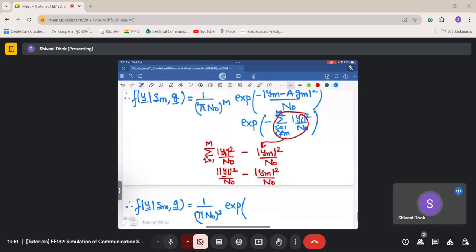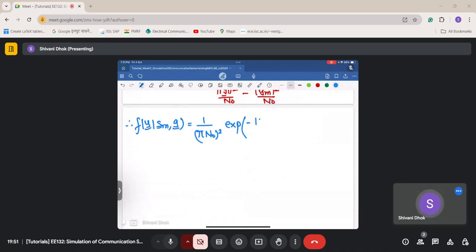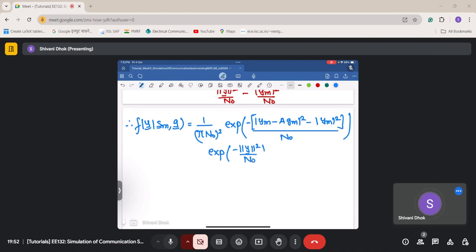So this will be equal to e power minus |ym minus a gm|^2 plus, sorry, plus |ym|^2 by N0, multiplied by e power minus norm y squared by N0.